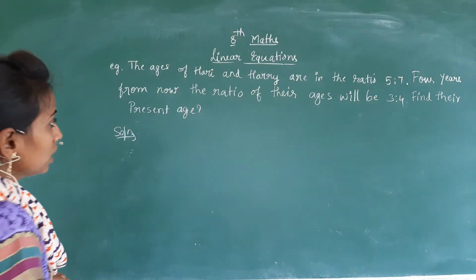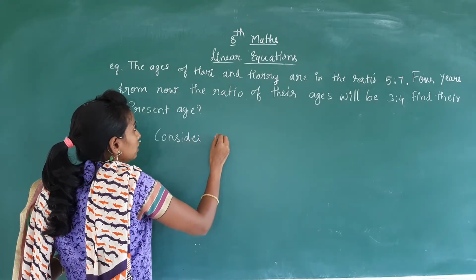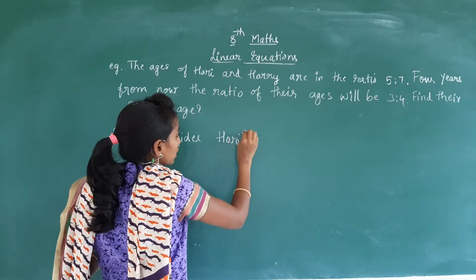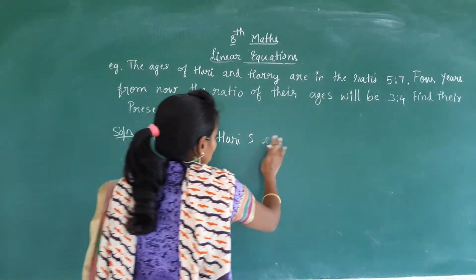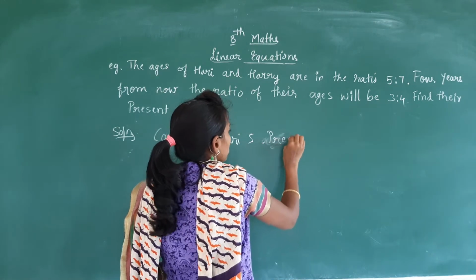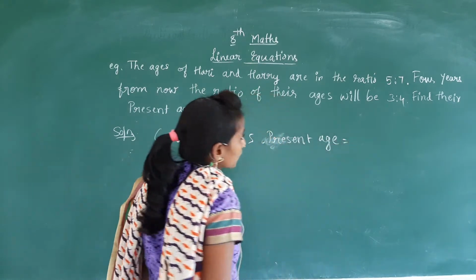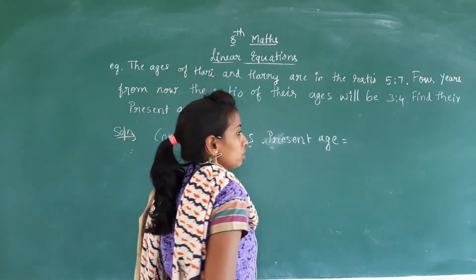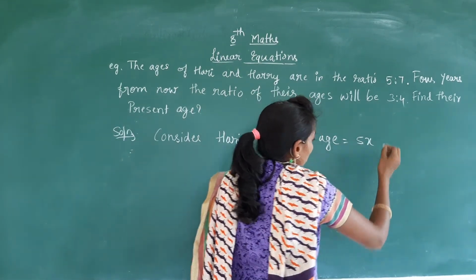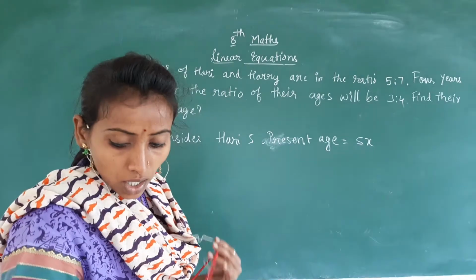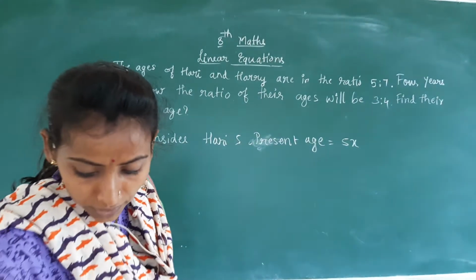5:7. Means I consider Hari's age, Hari's present age will be the first ratio. In the ratio, the first number is 5, Hari's name comes first, so Hari's present age will be 5x.